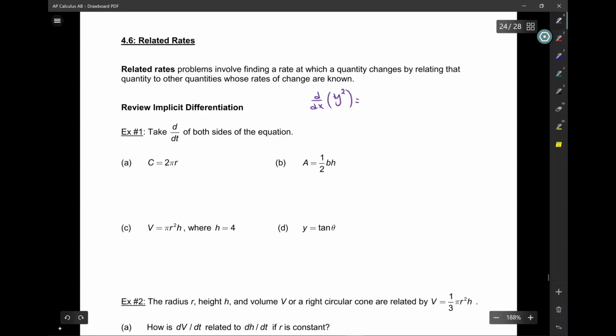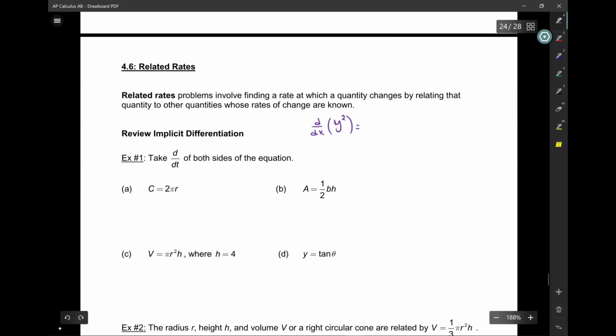When I have y squared, the variable here is y. I'm taking a derivative of it with respect to x, not y. That is different from if I had d/dx of x squared. In this case, my variable is x, and I'm taking the derivative with respect to that variable. So it's just 2x.